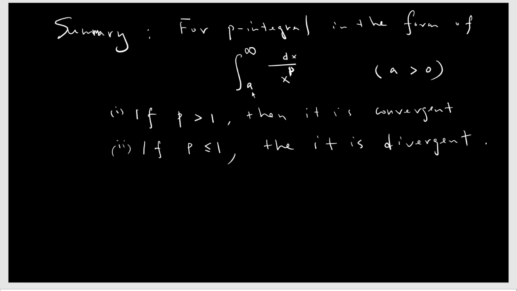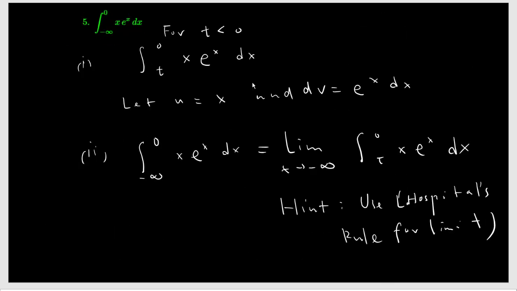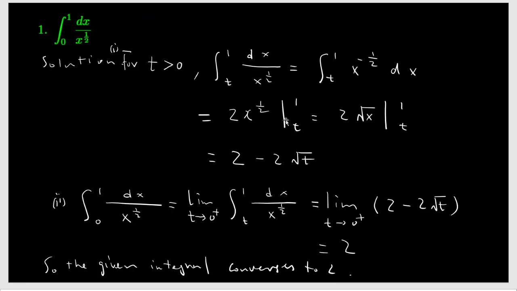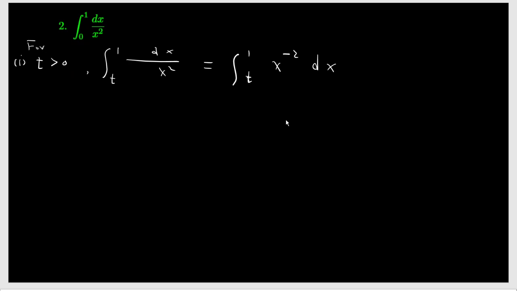It's the p integral for type 1 improper integral. For type 2 improper p integral, I'm going to summarize later. Okay, probably not today. I think I got the proper answer to your question, so that's what you meant.